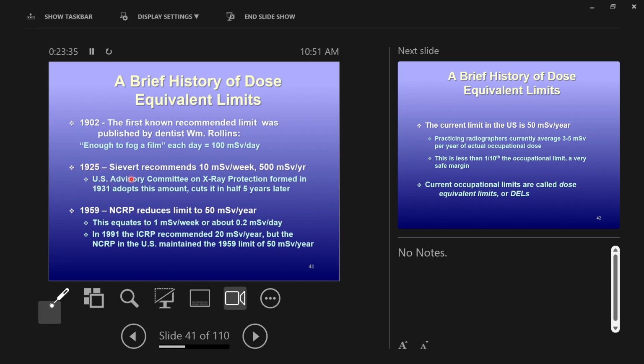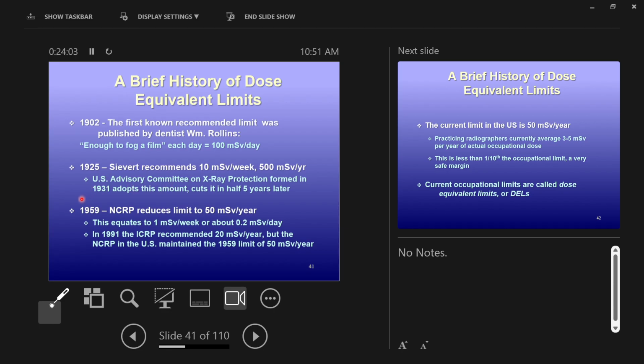The U.S. Advisory Committee on X-ray Protection forms in 1931 and recommends cutting this in half 5 years later. But you have an advisory committee and no regulatory body yet. That's the problem. You have recommendations, but no one saying this is the rule now, this is our regulation.